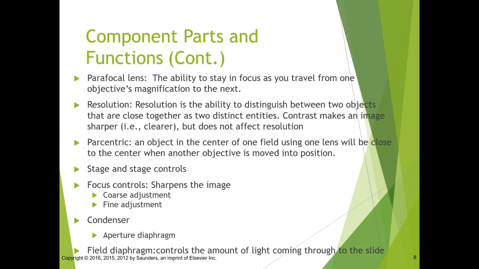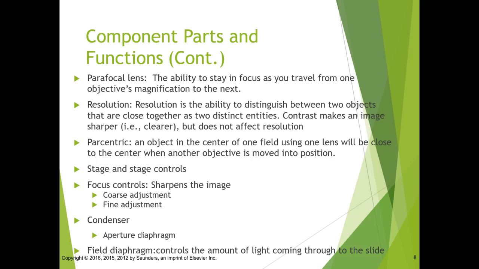There are some other things we want to look at with these lenses. We want to make sure we've got parfocal ability. What that means is when you focus on something at low power and then you switch it to high power, you want it to remain in focus, okay? If you go from low power and then switch to the high power objective immediately, you don't want to have to refocus everything that you just spent a couple minutes focusing on.